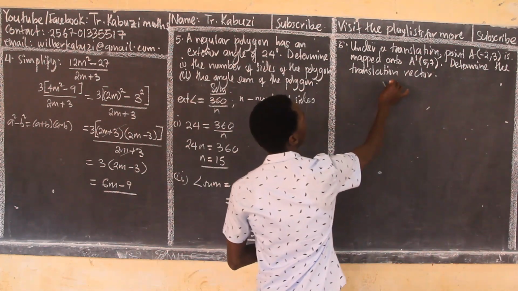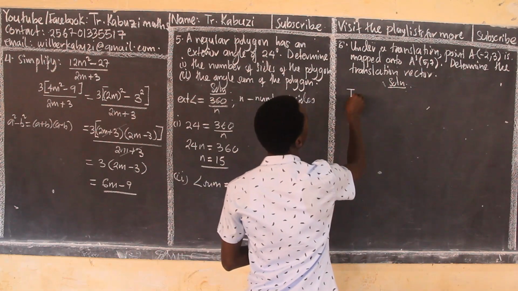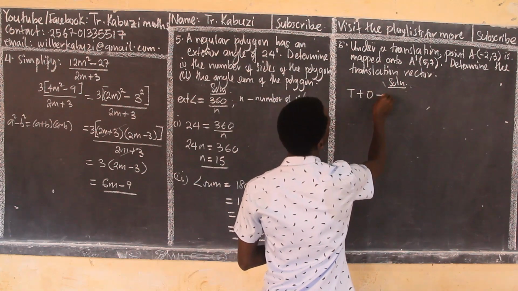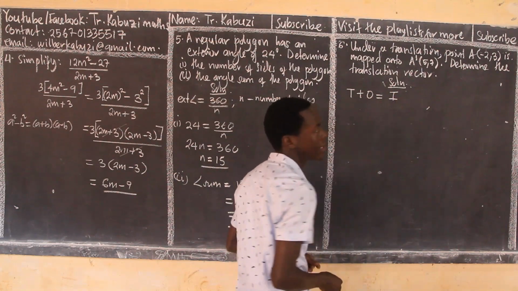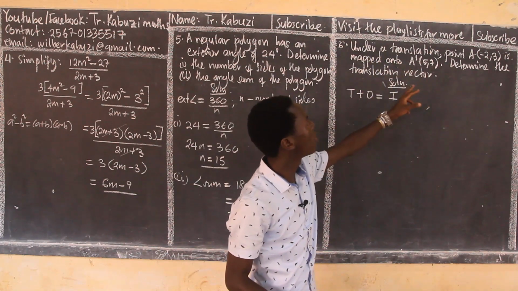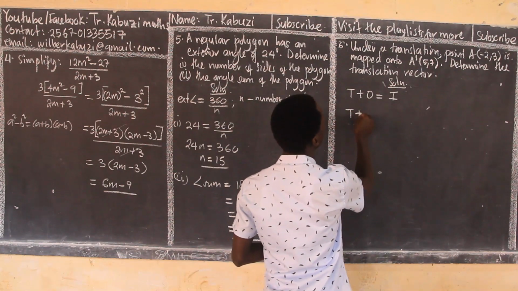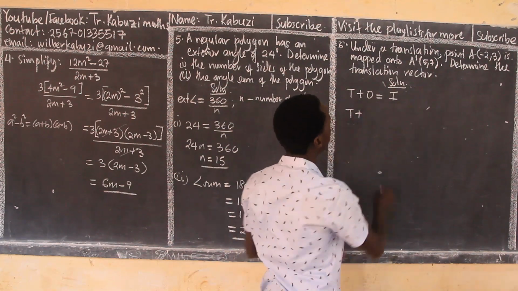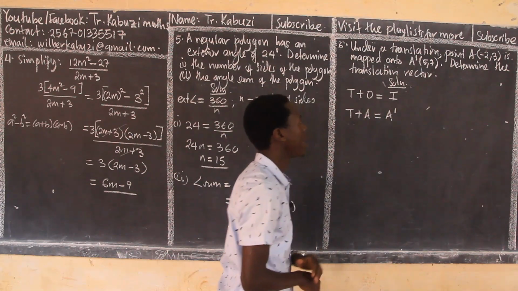We always know in our solution that the translation vector plus the object, we always get the image. As simple as that. So now, we don't know that translation, so we want this T. So our translation plus our object, which is A, we shall get our image, which is A prime.